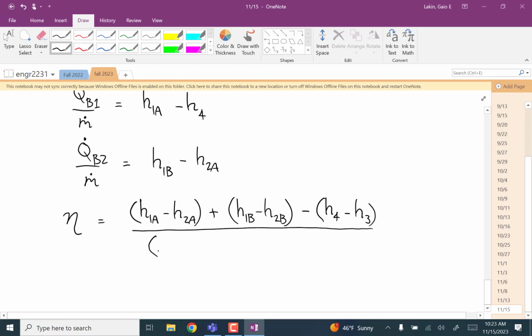Divided by the quantity H1A minus H4 plus the quantity H1B minus H2A.